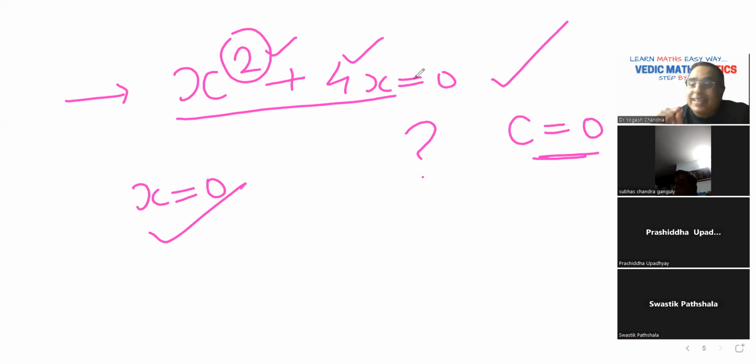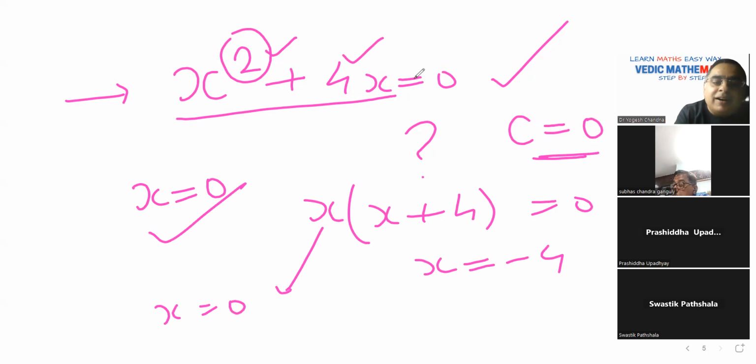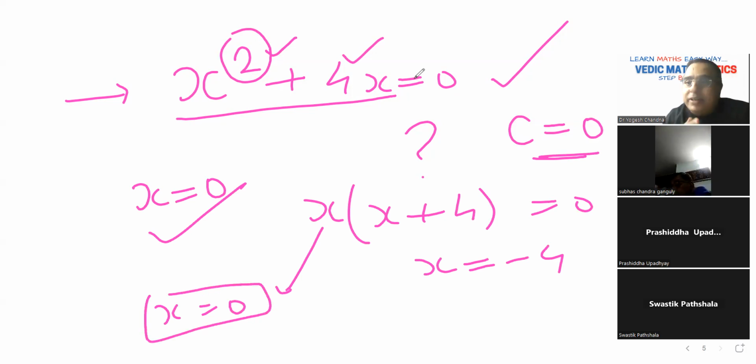Now looking for the second factor, very easy. So x is equal to -4. One was x is equal to 0. You can verify the answer, it would be 0. If x is equal to -4, then -4 square is 16, plus 4 into -4 is -16. So that gives 0.